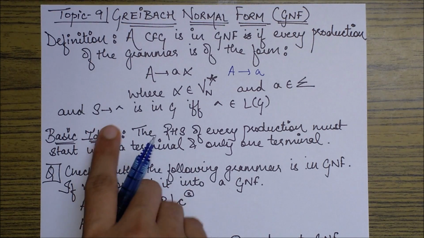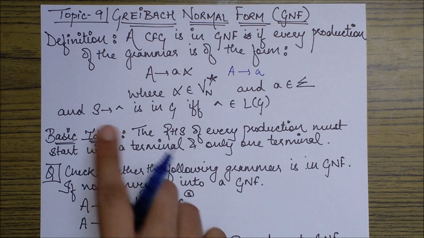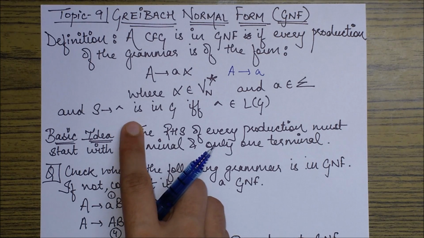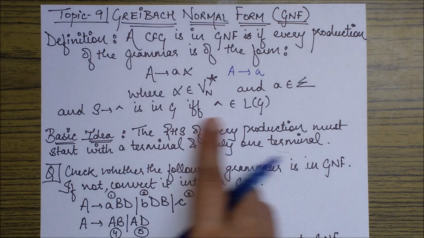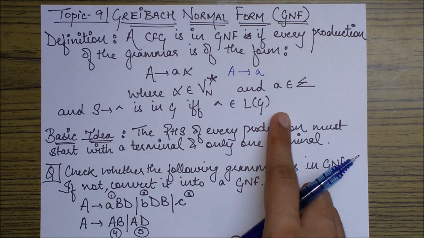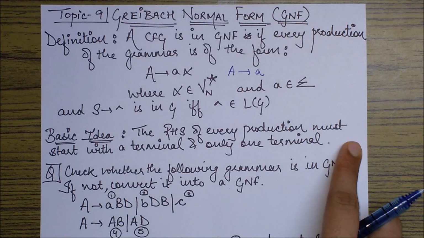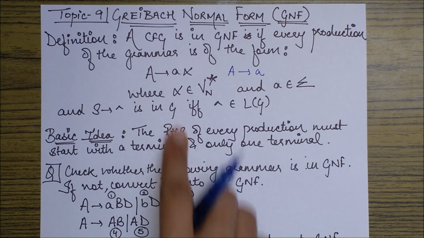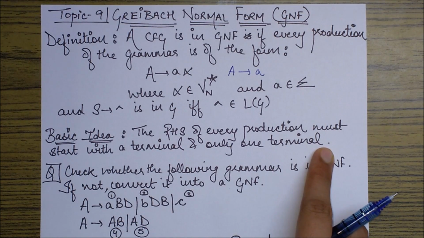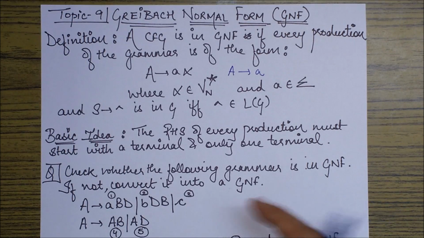Again, the third condition, same as we saw in CNF, that S goes to null, will be present in grammar G if and only if null belongs to the language of the grammar. So the basic idea is that the right hand side of every production must start with a terminal and only one terminal. This is again a point to note, that we have only a single terminal on the right hand side.